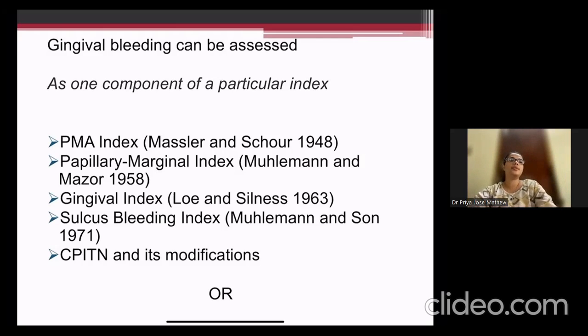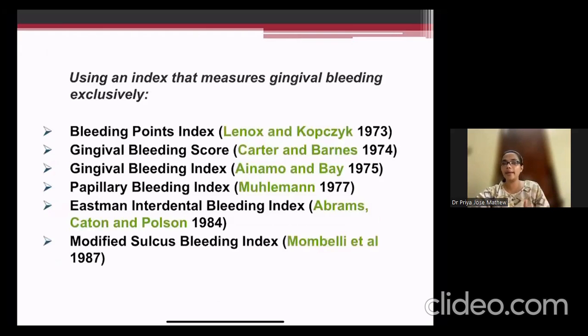Now, which are the indices solely for gingival bleeding? That is about six of them.